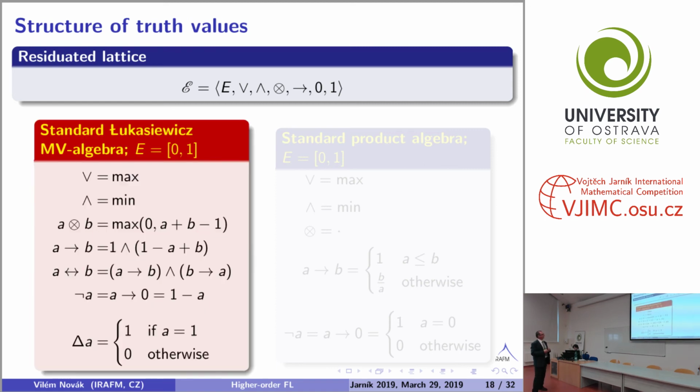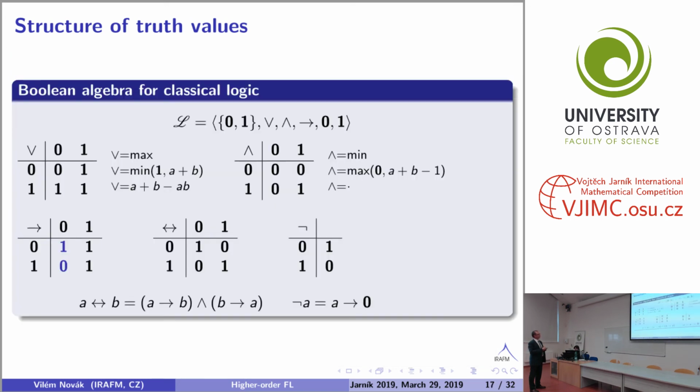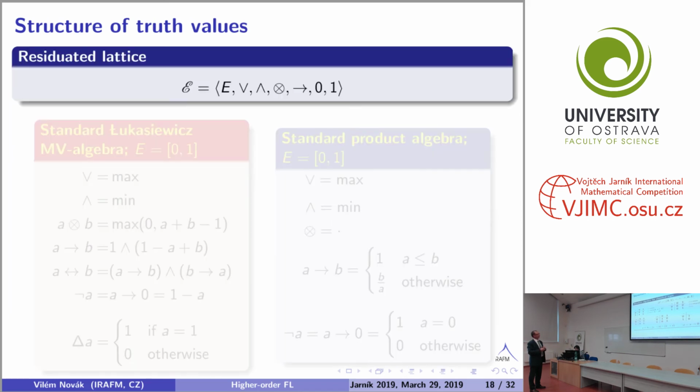There is one most canonical, and I would say the best example of residuated lattice. It is called the standard Lukasiewicz MV algebra. And it has as its support the interval of reals from 0 to 1. These operations are maximum and minimum. And this operation is called Lukasiewicz multiplication. And notice that this is exactly this operation.